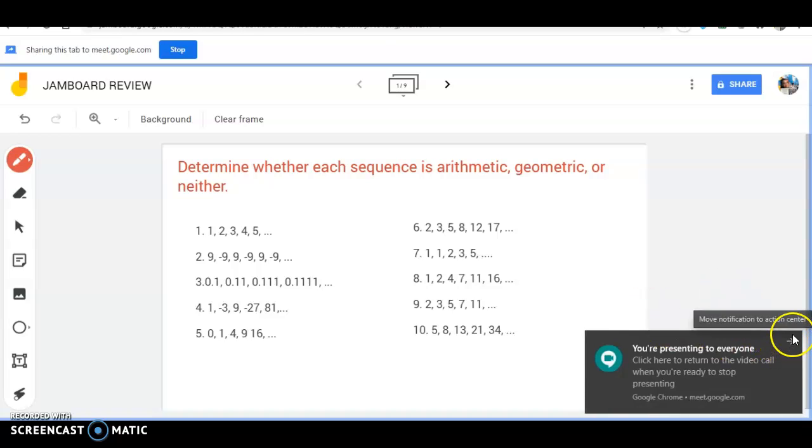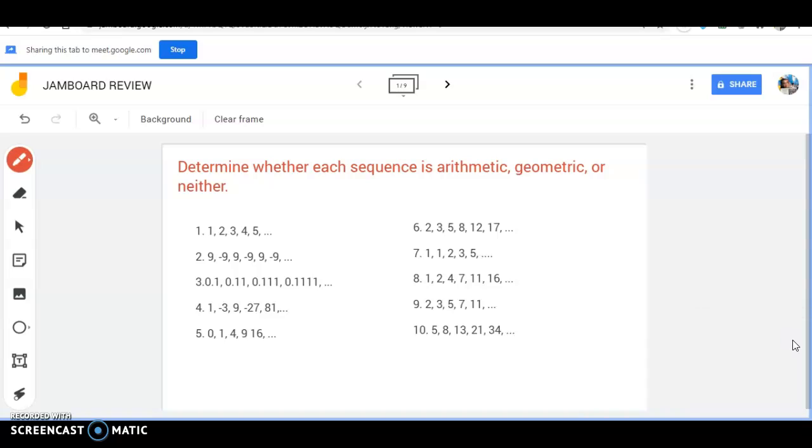Okay, very good. Common difference. Tama. Okay. So, ulitin ko yung sinabi ni Sam kasi nagka-cut siya. Kapag daw arithmetic, sabi ni Sam, meron siyang common difference.